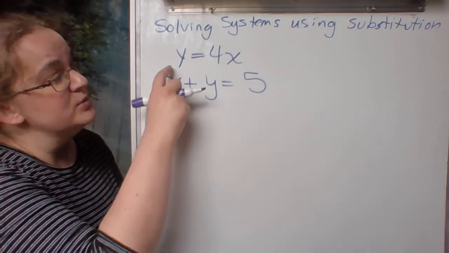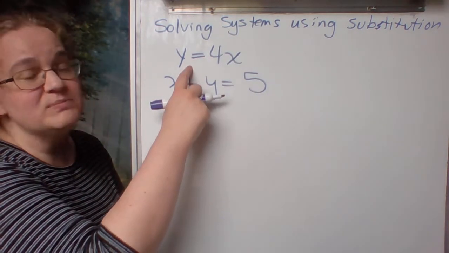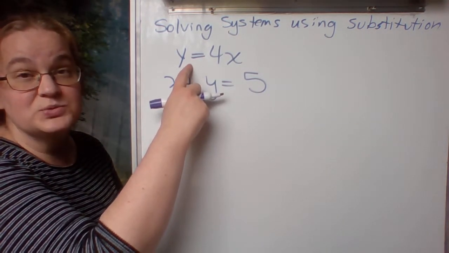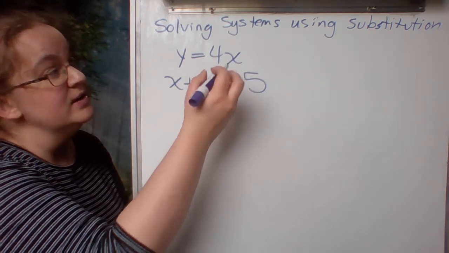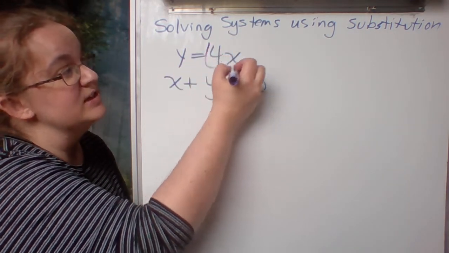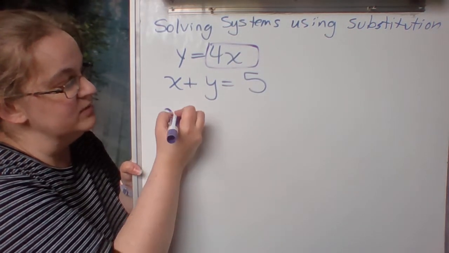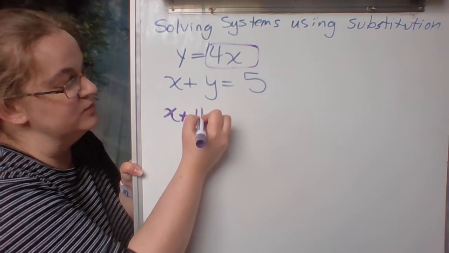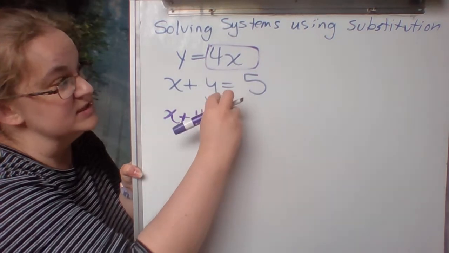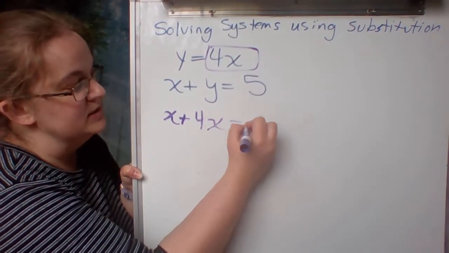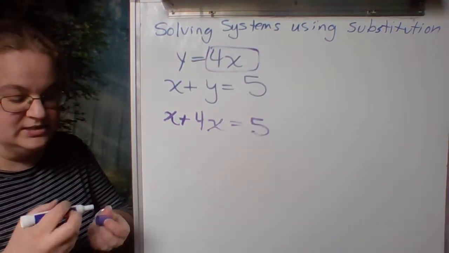Okay, so when you have two equations, if one of them's already solved for a variable, like this one's already solved for y, that means y equals this. I can just substitute that in for y. So if I replace y with 4x, because it says y equals 4x, now I'm down to one single variable.